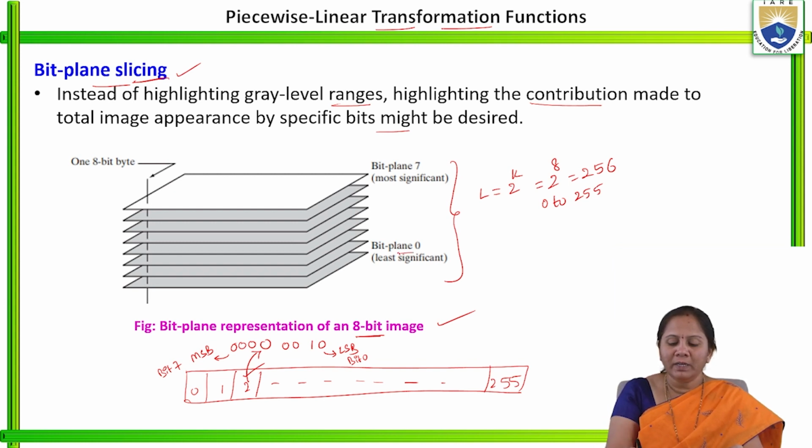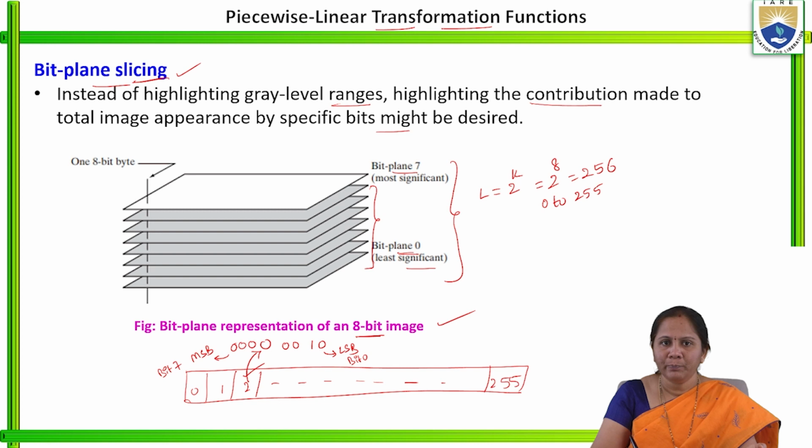Here bit plane 0 consists of the least significant information, whereas bit plane 7 will consist of the most significant information. So whatever information is stored in the lower bit planes cannot be observed clearly, whereas the information stored in bit plane 7 can be clearly visible.